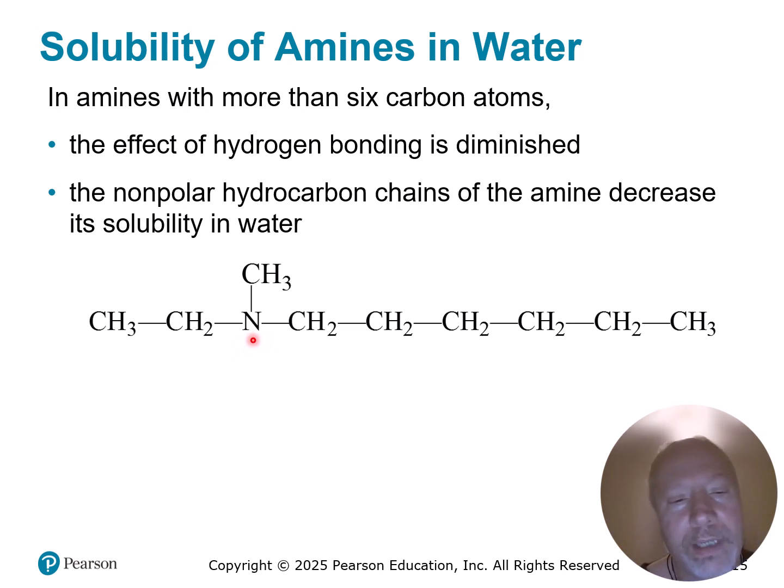It's getting longer with more carbons. If we added two more carbons to here, it would be insoluble. So we have to be aware of that. And the solubility rules say when you get six carbons or more, it's difficult for something to be soluble. This one here has nine carbons.